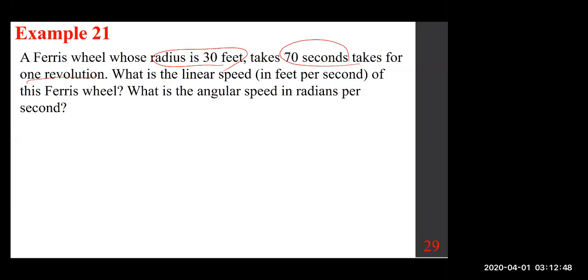So you can calculate. The R is given. The omega is given as 1 revolution per 70 seconds. You're going to multiply it by 2 pi, and it becomes 2 pi over 70 seconds, radians per second.